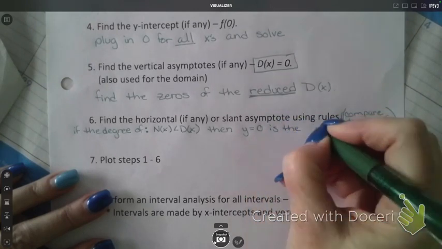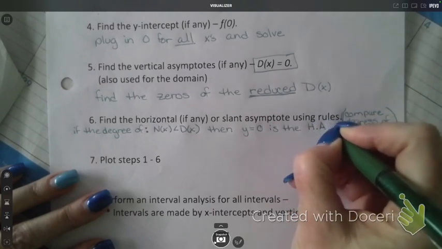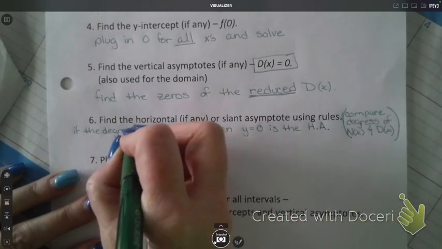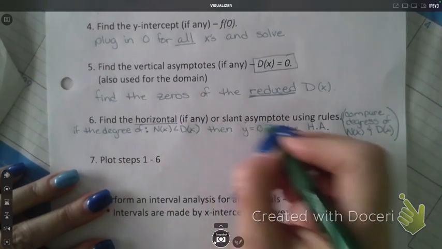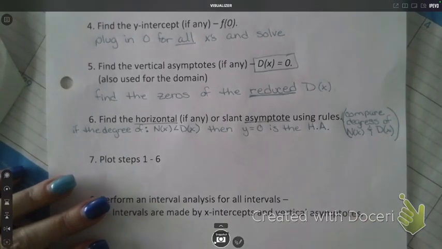So that's the statement for all three of these, okay? What does HA stand for? Horizontal asymptote.